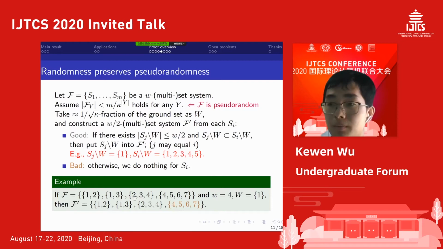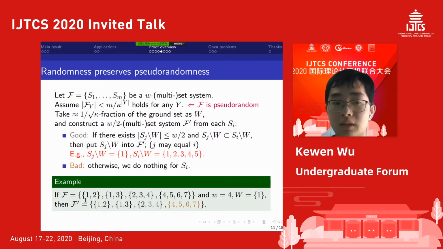Here is an example. Assume this is the set system F. The first set is 1, 2. The second one is 1, 3. The third one is 2, 3, 4. And the fourth one is 4, 5, 6, 7. And you can see this set system has width 4. And we assume now we sample W to be the singleton 1.